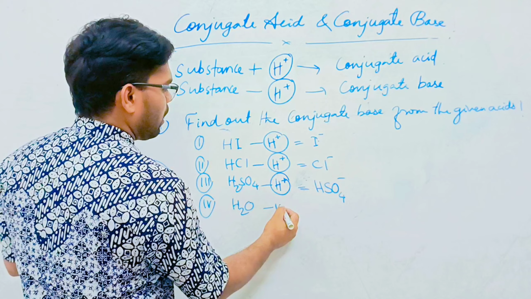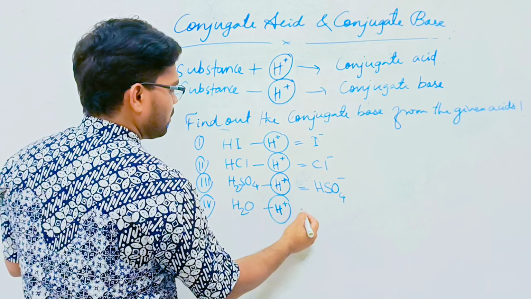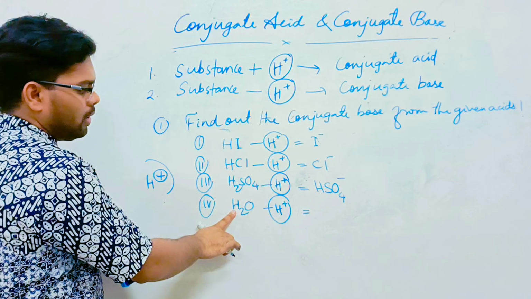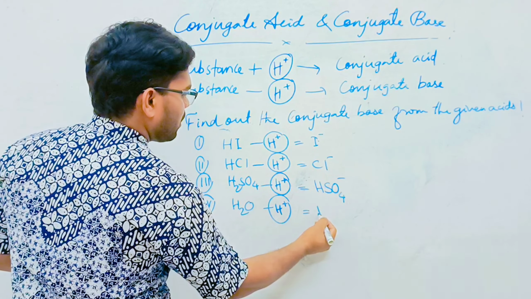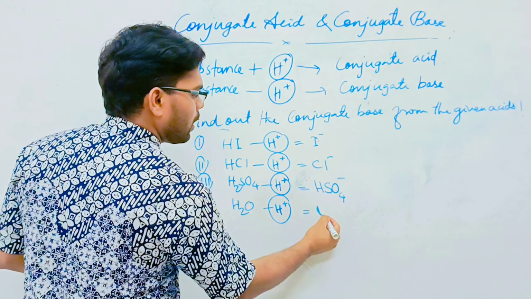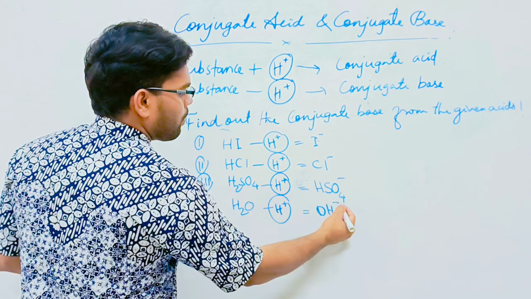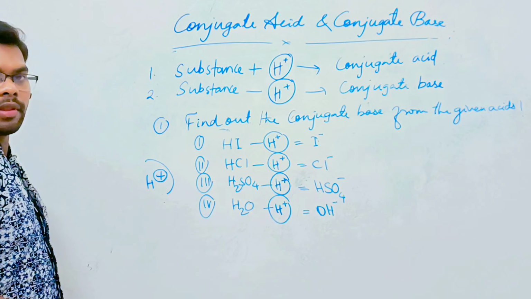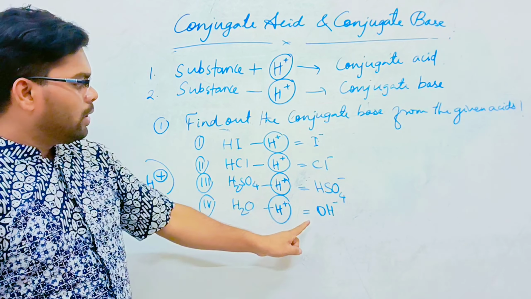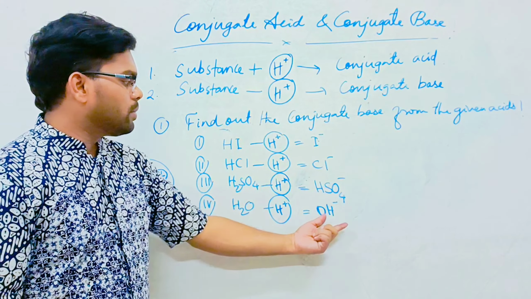Then how about water? Remove one hydrogen. After removing one hydrogen from here, one hydrogen and one oxygen remain, so you can write OH minus. You remove one hydrogen, the plus is gone, so minus will remain, OH minus.